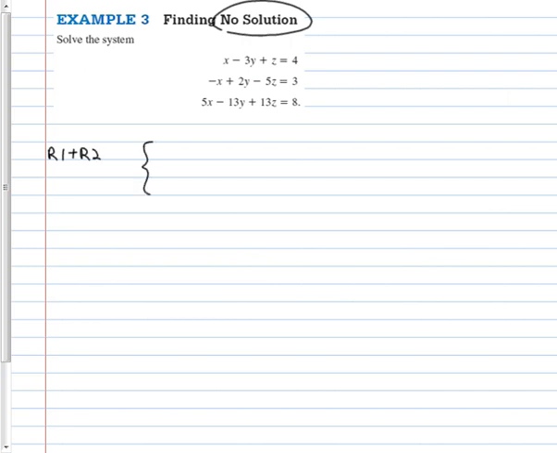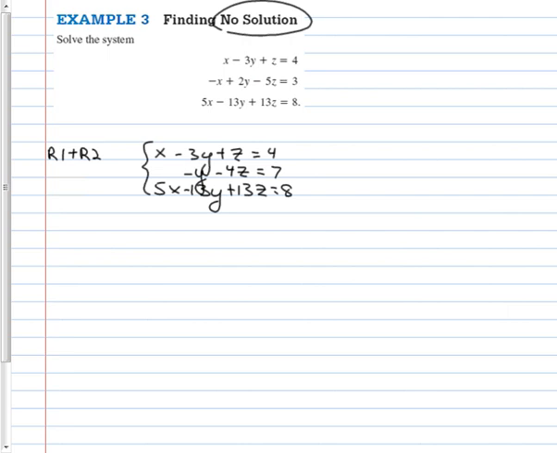So I'm going to write my new system. The first equation is just how I like it. Don't need to touch it in any way. The second equation is going to be my answer from adding row 1 and row 2. Well, 0x's, negative y, negative 4z equals 7. Row 3, just copy it. We only do one operation per step.